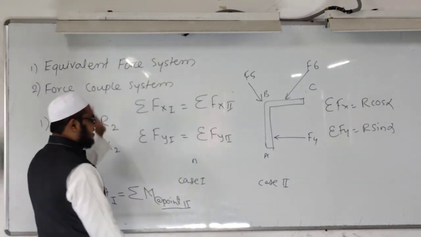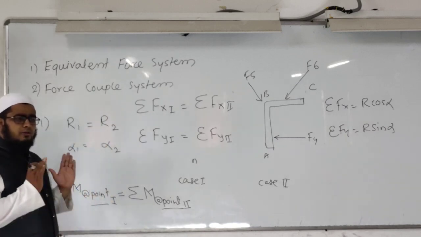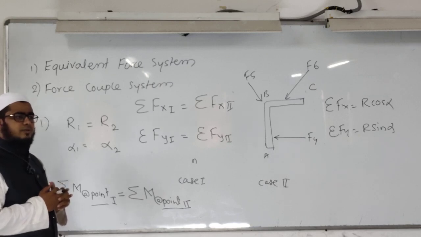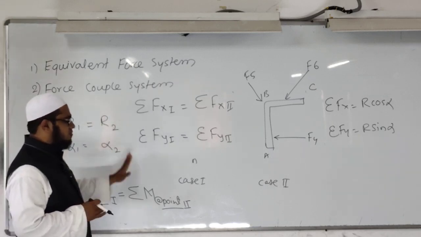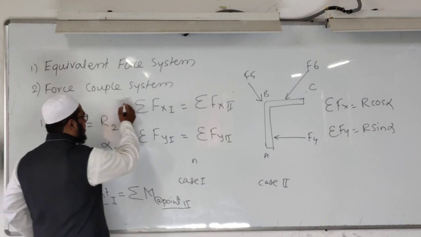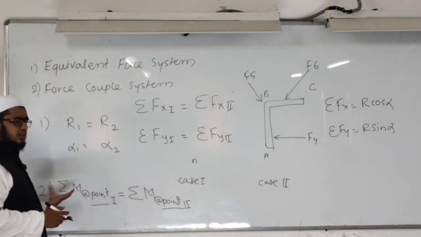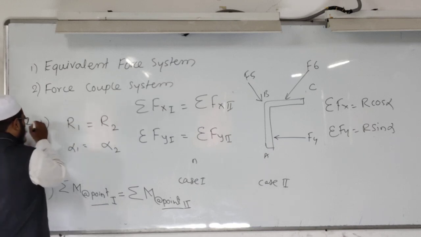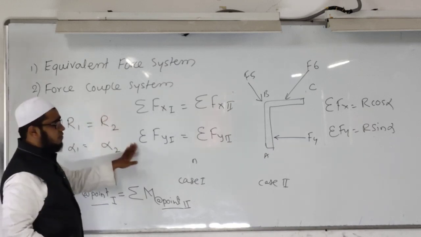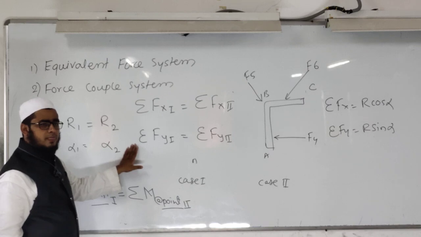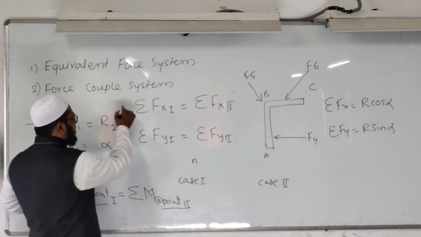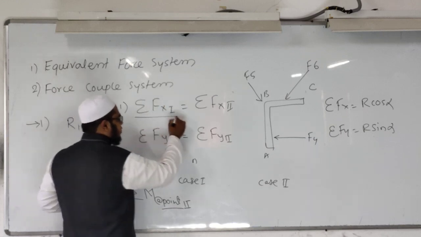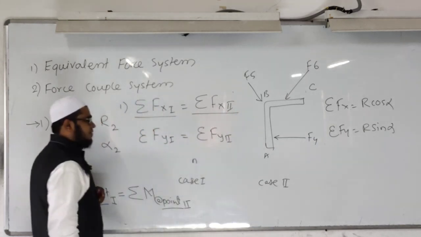So there are three conditions now. Whenever two force systems are equivalent to each other, these three conditions must be valid. What is the first condition? Actually it is only two conditions, but we have considered the first in terms of summation of Fx and summation of Fy. That's why there are three conditions. The first condition is summation Fx of the first must be equal to summation Fx of the second.